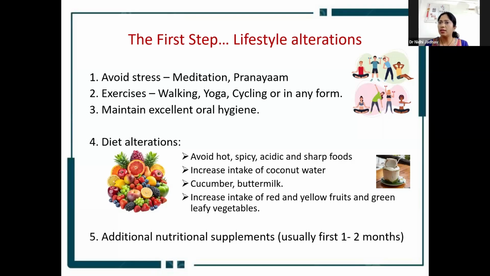Now, though we are asking them to have the diet alterations along with the exercise protocols and stress reduction, still, in what we have observed, initially in 1 to 2 months we have to give them some additional nutritional supplements also, till our body takes over to adjust and suffice with the diet alterations that we have asked them to make.